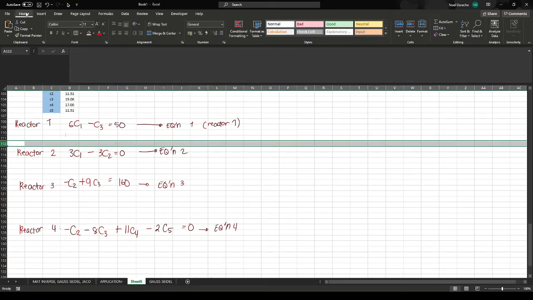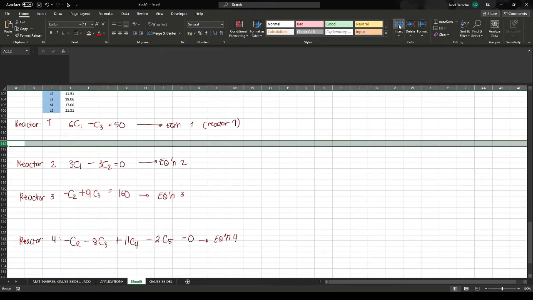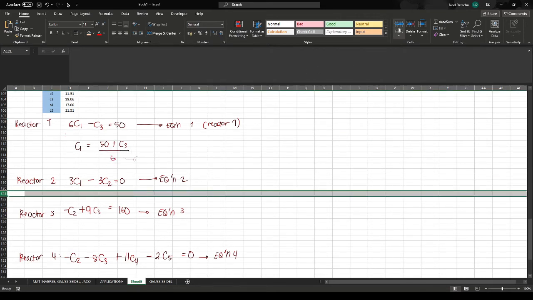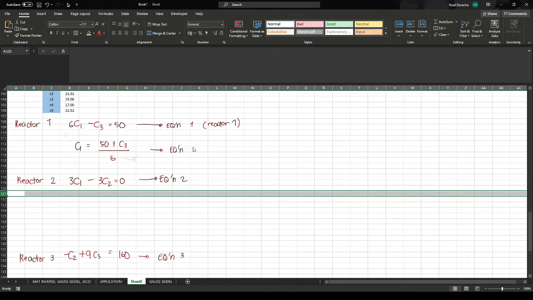So for reactor 1, we have C1 equals 50 plus C3 all over 6. That is a new equation, so let's say equation 6. C2 is equal to C1, so this is equation 7.